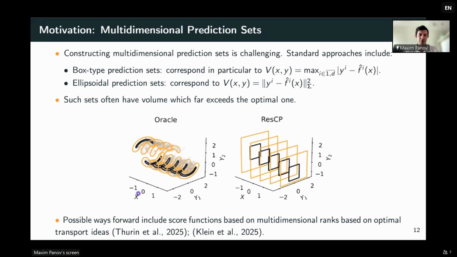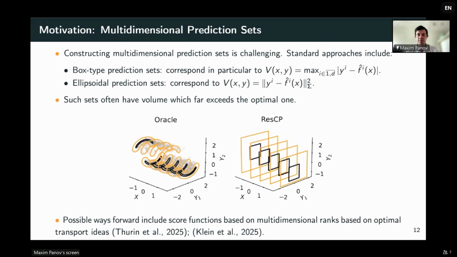For example, in the picture on the left, this axis is X, and then we have a two-dimensional Y. In the Y space, the data distribution is represented by two moons. We see that oracle prediction sets based on the true data density are nice and small, but have a peculiar shape. While if you construct rectangular sets, they obviously will be very large, and not very useful in the sense that you will achieve nice coverage, but with very large sets.